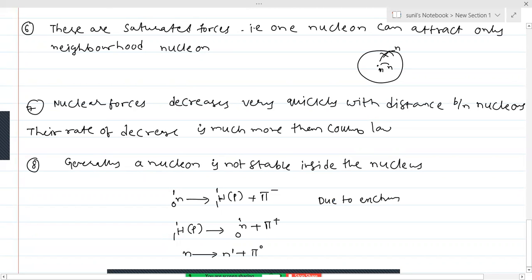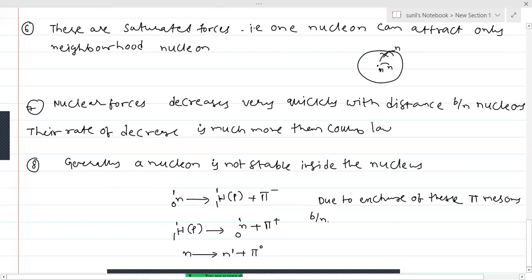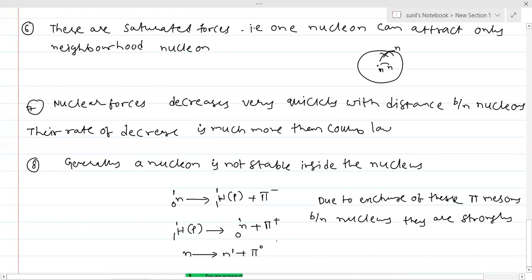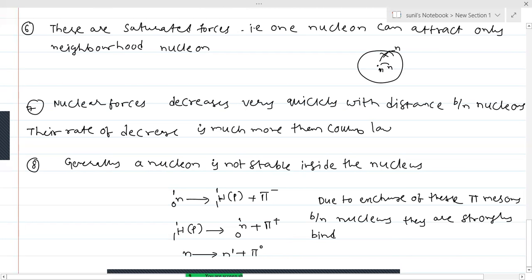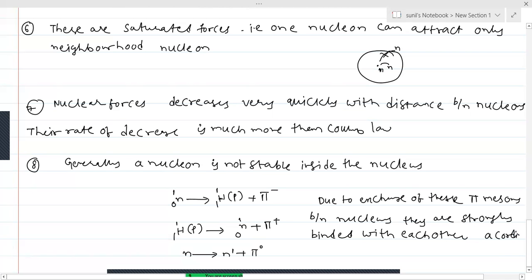Due to exchange of these pi mesons between the nucleons, they are strongly bound with each other, according to Yukawa meson theory.